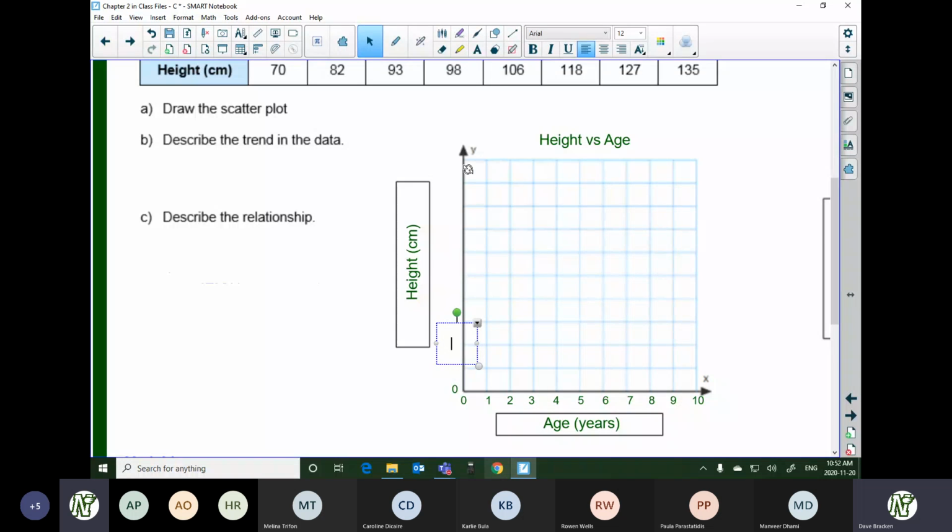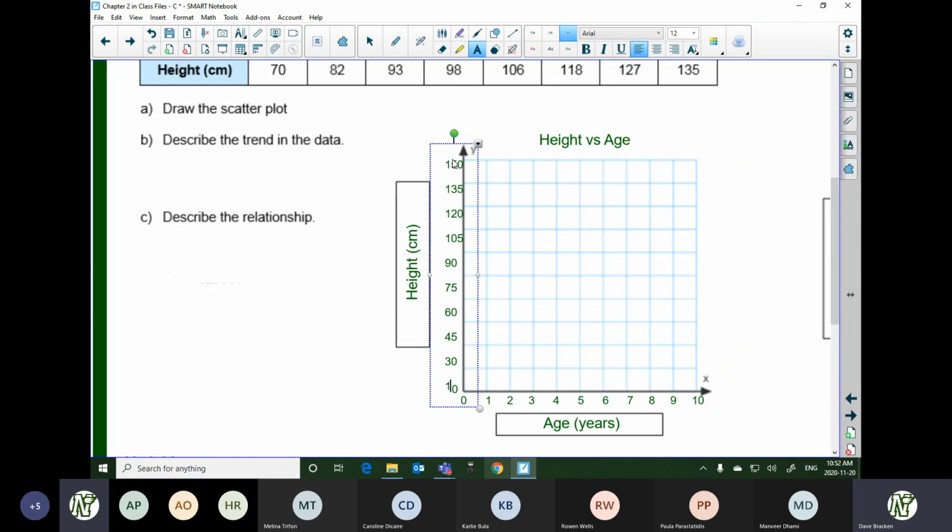So here's what I'm going to do. I'm going to cheat, if that's okay. 135, I believe 150 is my last number. 135, 120, 105, 90. I go to 75, to 60, to 45, to 30, to 15, to 0.